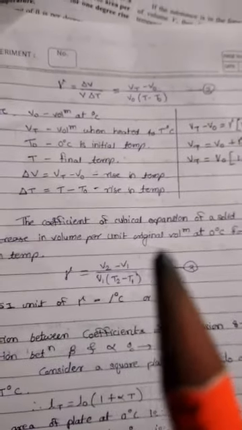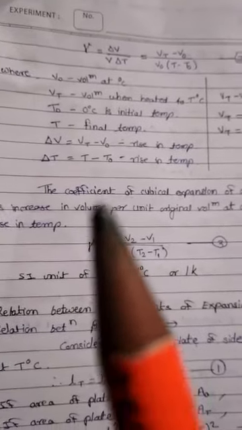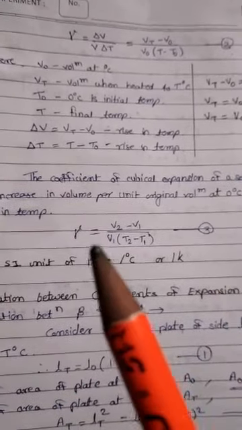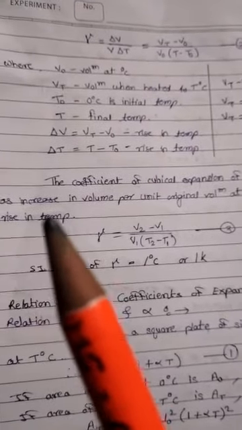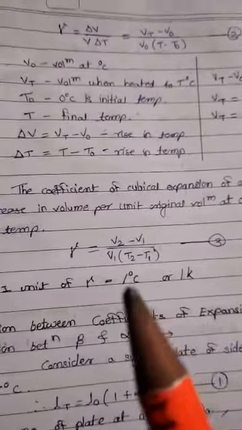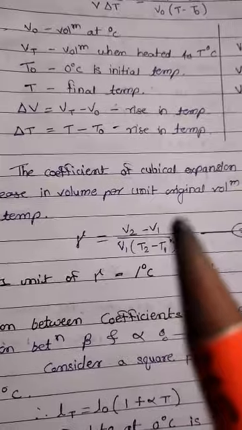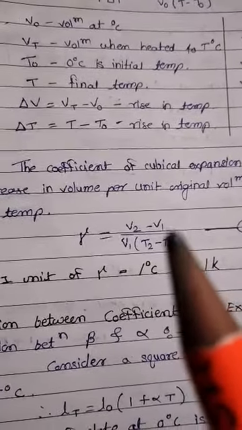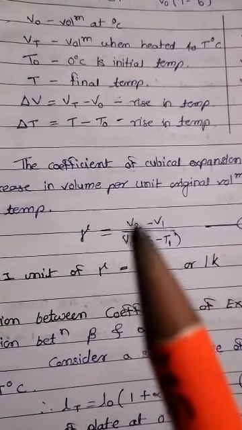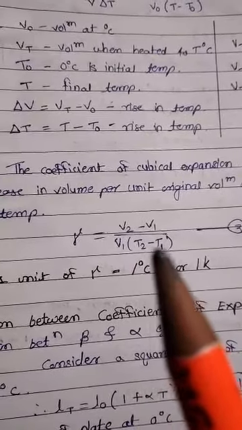The coefficient of cubical expansion of a solid is defined as the increase in volume per unit original volume at 0 degree Celsius for 1 degree rise in temperature. Another formula for gamma uses the first volume V1 and the final volume V2: V2 minus V1 is equal to V1 gamma into T2 minus T1.